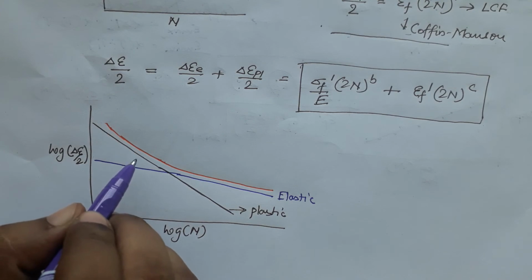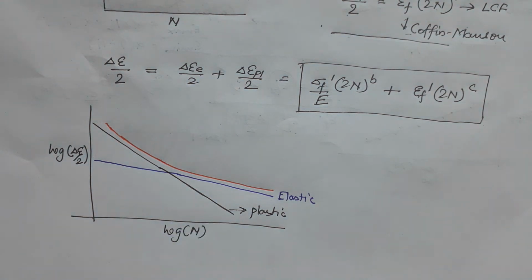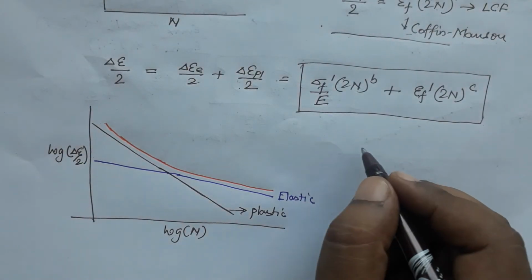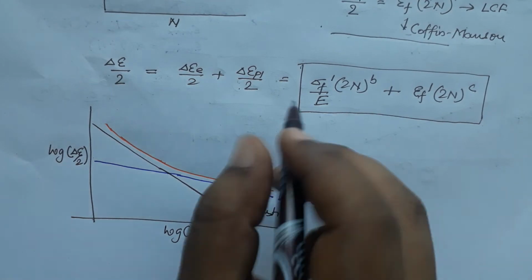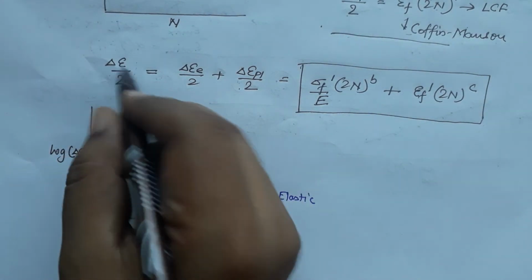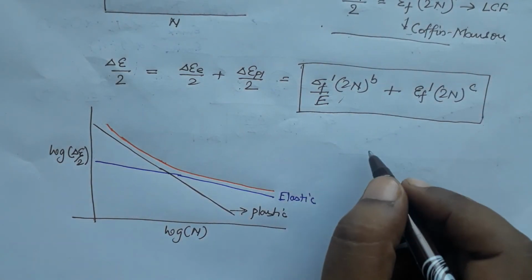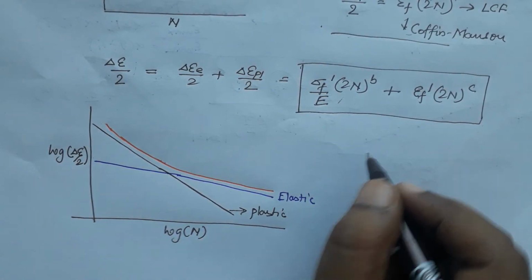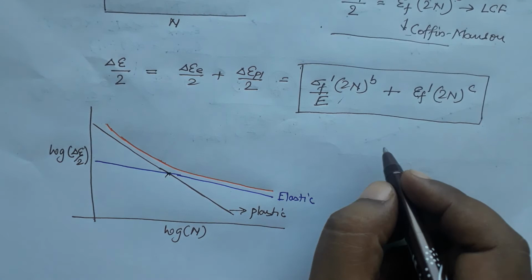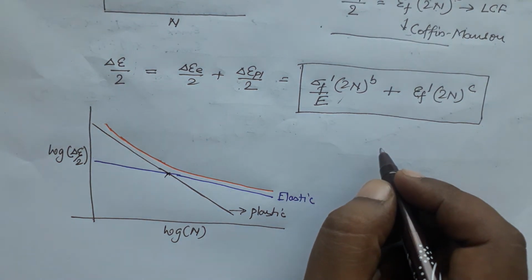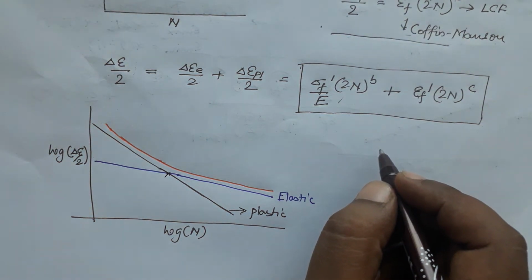That is not very important at this point of time, but it is possible. So, one equation will take only this part, another equation will take that part, and then you can find out the intersection of those two lines, and that is how you can find out the point of transition. That is very simple mathematics, so I will leave it to you for your own practice.